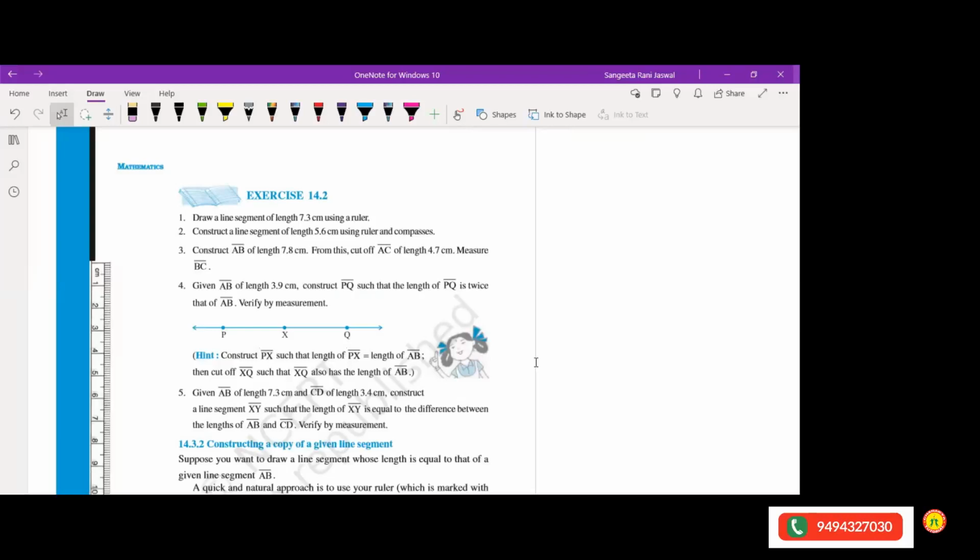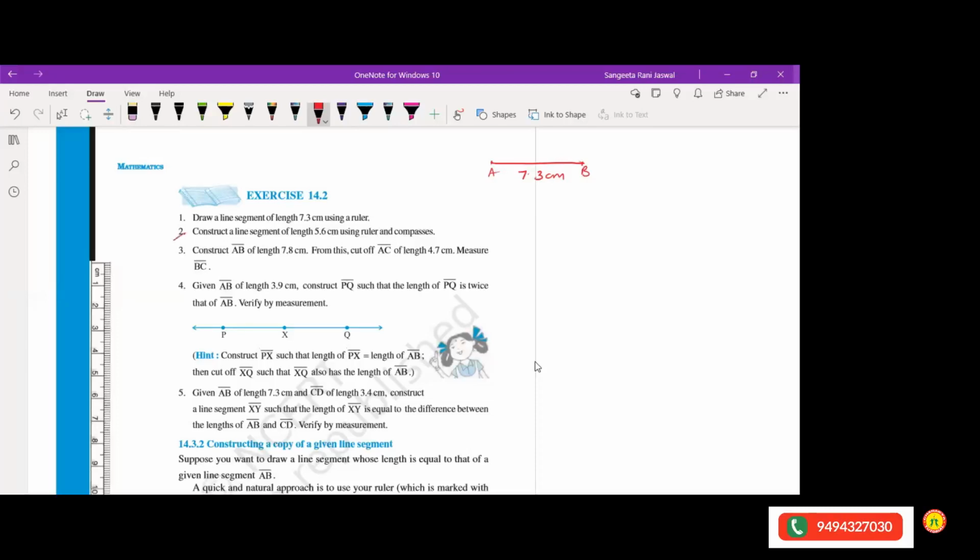Draw a line segment of length 7.3 centimeters using a ruler. This is the line segment, say A to B. It's only this much. So everybody can make this.